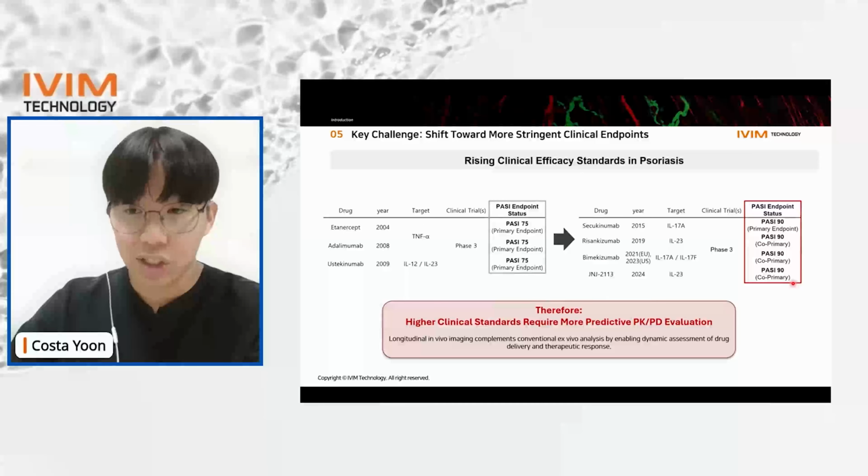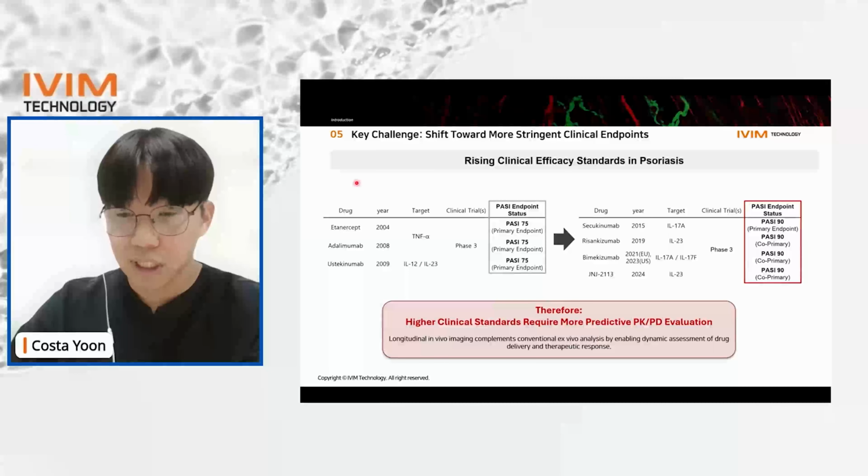The second challenge is the rising efficacy standards in clinical development. For example, in psoriasis, the expected level of therapeutic efficacy has continued to rise. PASI is a key clinical index that measures the affected skin area and the severity of the lesion.